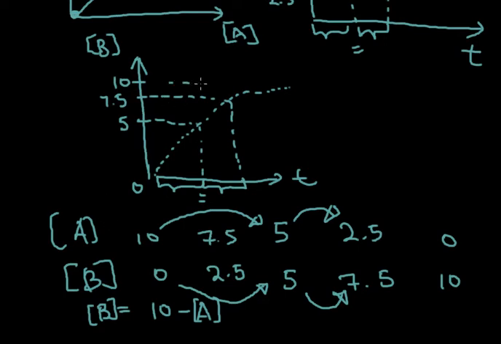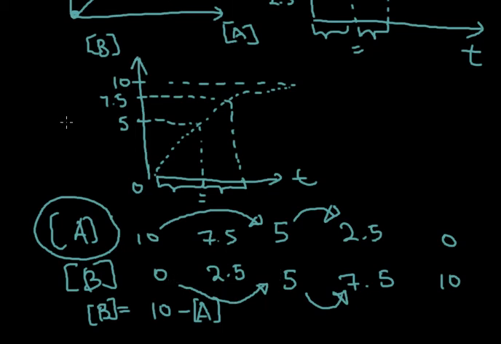Do you realize? 0 to 5 is not dividing by half, and 5 to 7.5 is also not dividing by half, right? The reason is because the half-life is for the reactant to be divided by half, not the product. So from 10 to 5, the product going 0 to 5 has nothing to do with half, right?